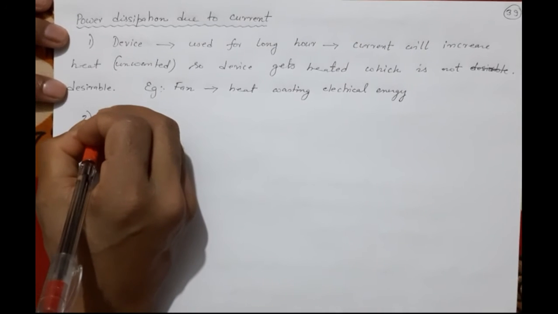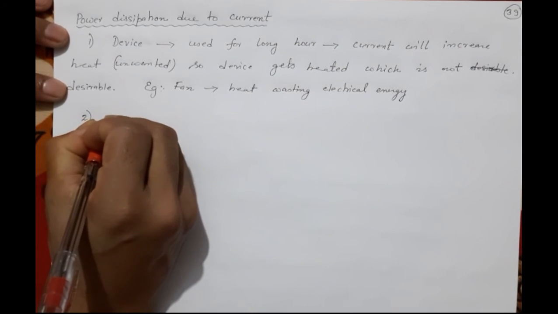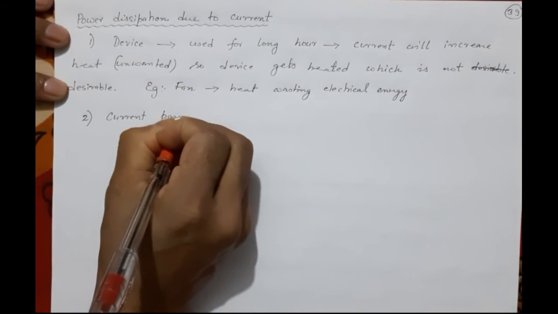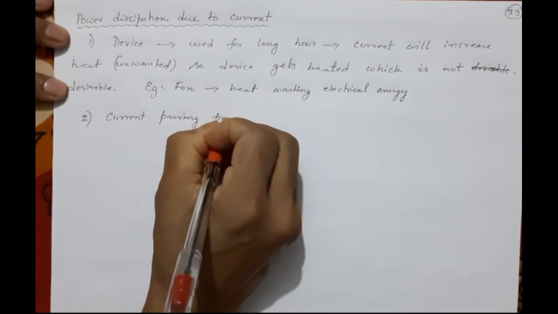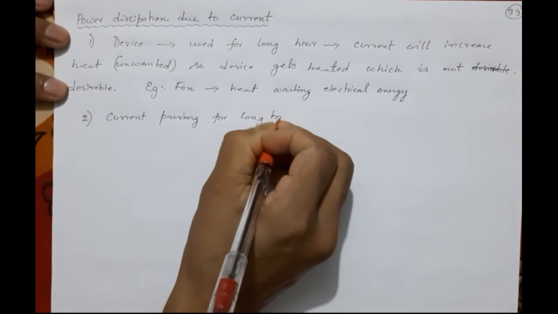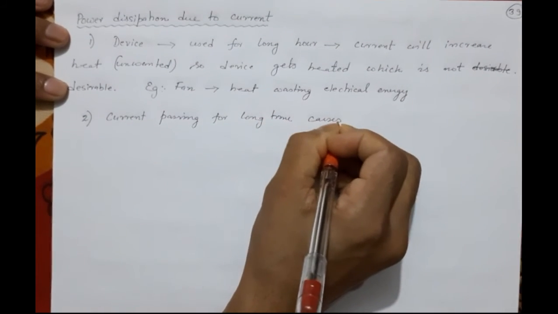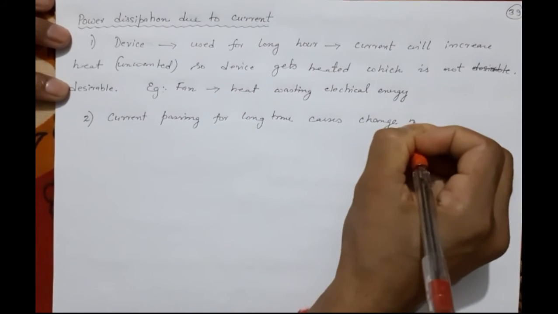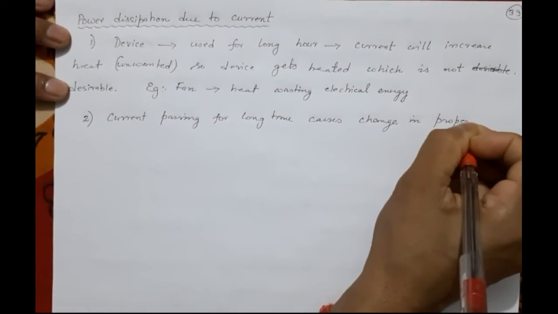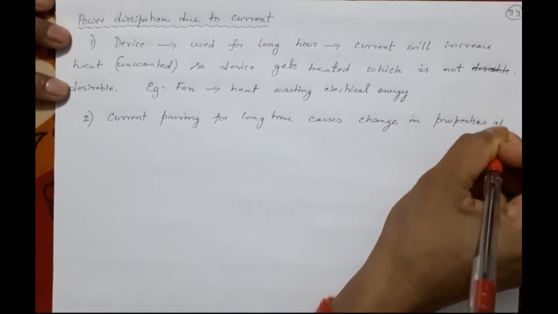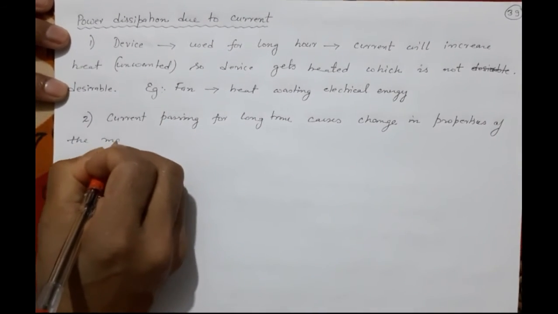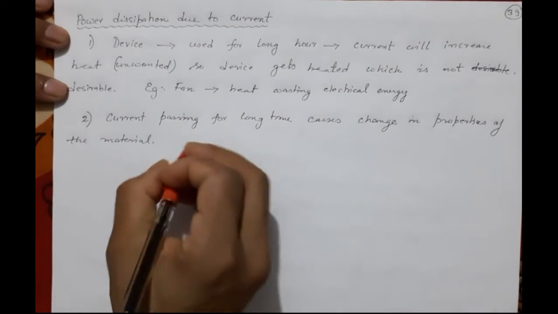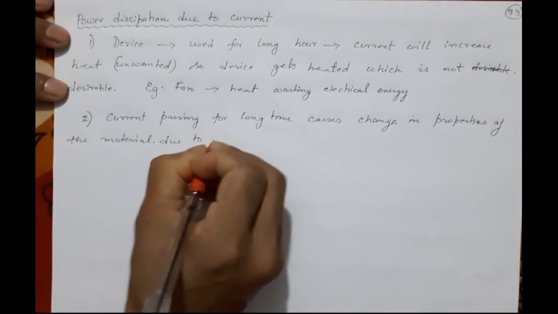And sometimes in some devices, current passing for a long time causes a change in the properties of the material. That material's property starts changing due to the long time of current passing, due to heat.